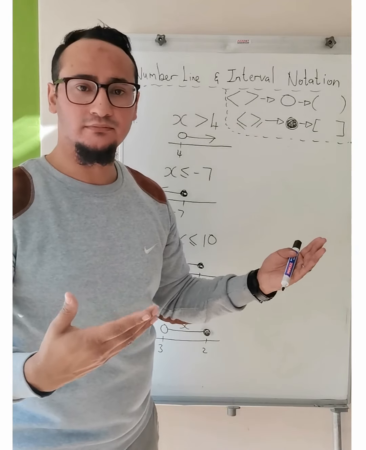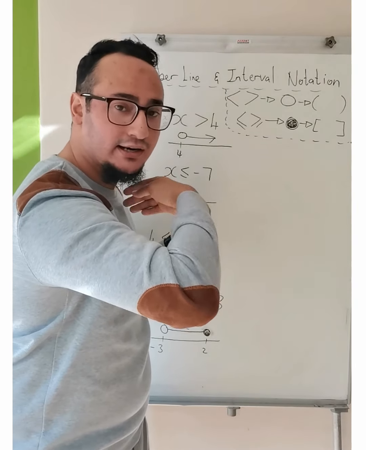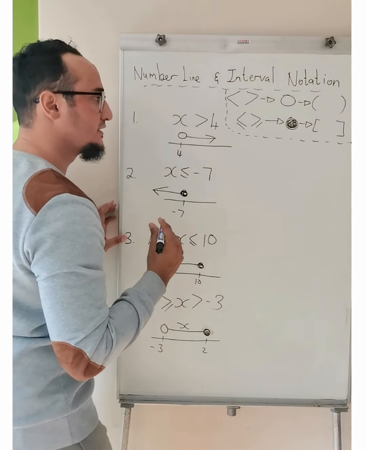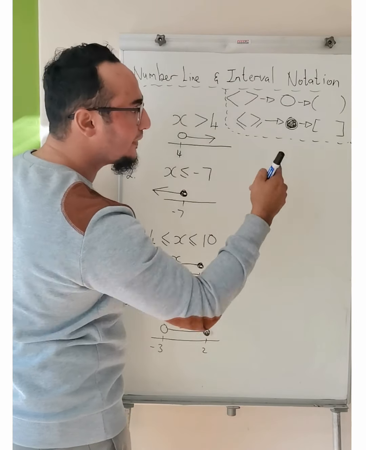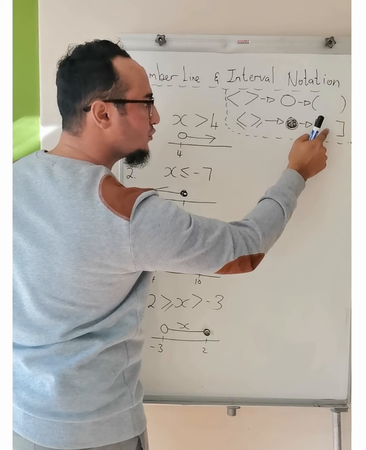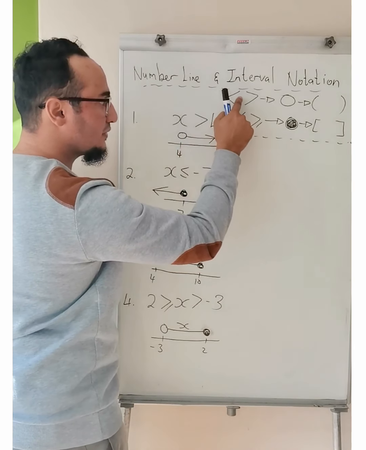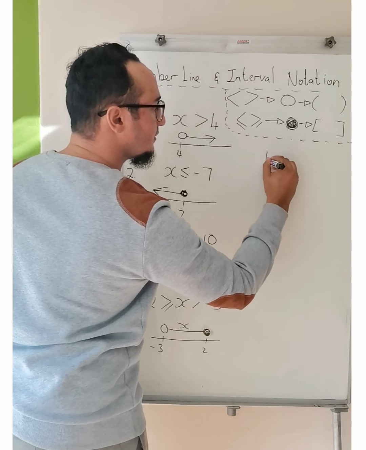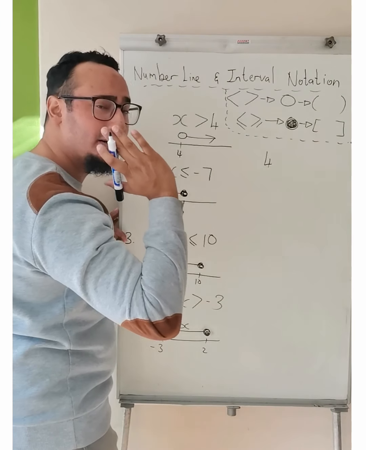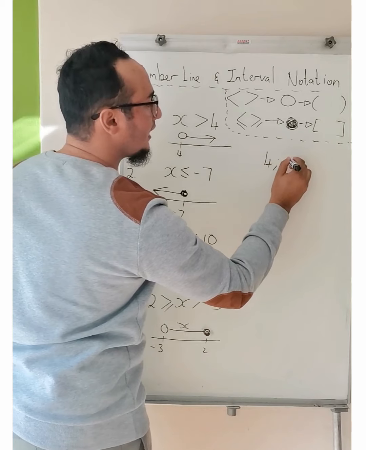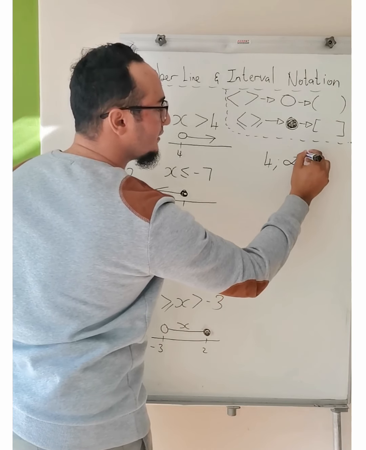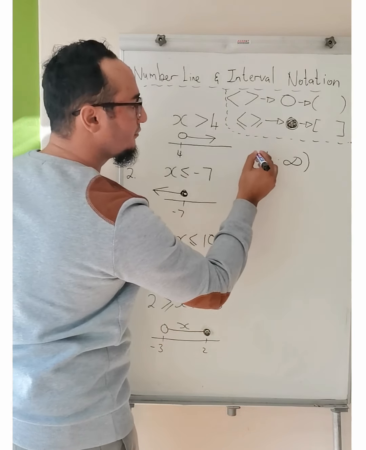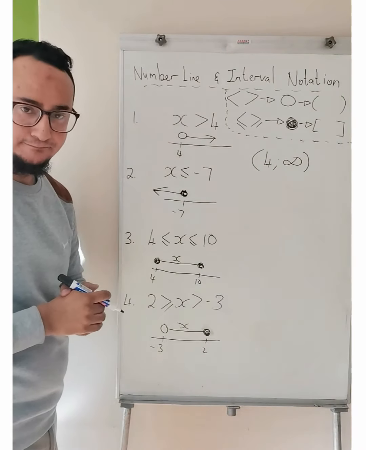More than means anything more than 4 right up until infinity. So I look at which type of bracket, round or square. Because it just has this one over there, it means it's a round bracket. And everything above 4, meaning up until infinity. Infinity has a round bracket, 4 also has a round bracket.